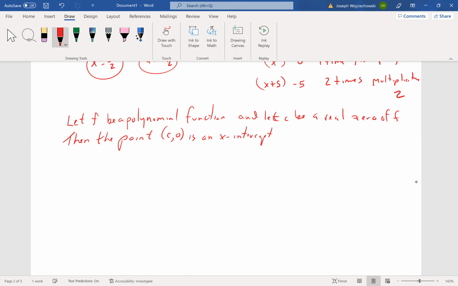Remember, we're talking about 0 is where it touches the x-axis of the graph.